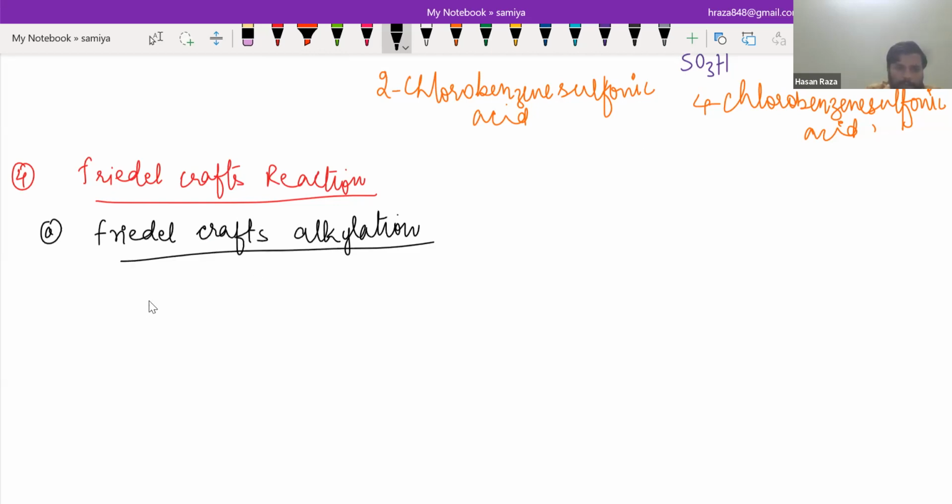If there is a chlorobenzene, that means a haloarene, and in order to add an alkyl group to this, we need to react it with CH3Cl. That means we add the alkyl part, methyl, in the presence of anhydrous AlCl3.